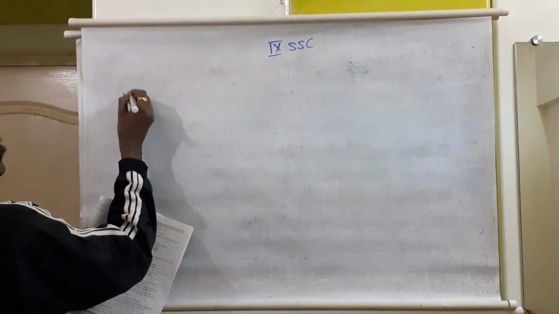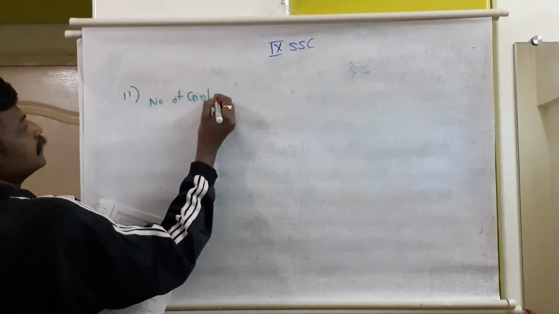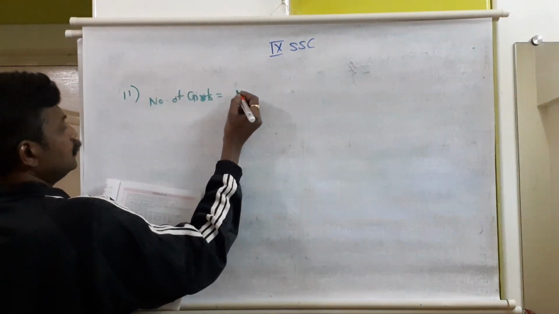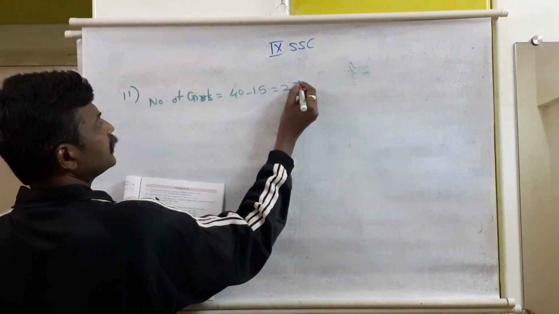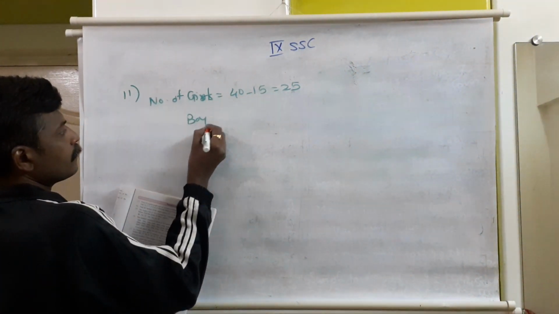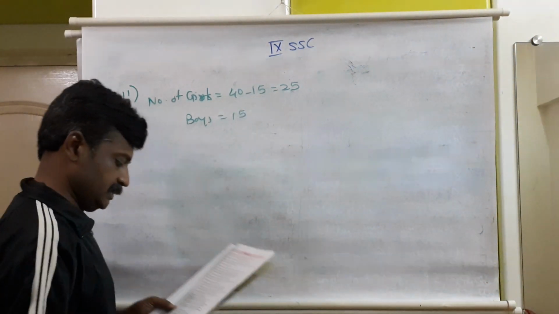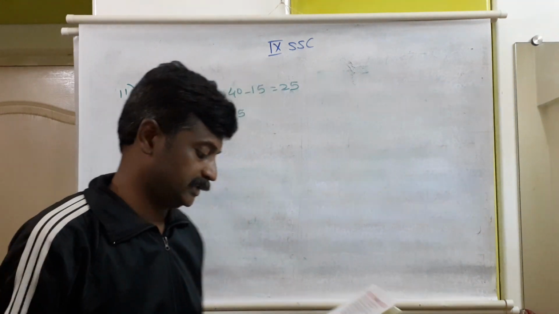Sum number 11, number of girls is equal to total number of students 40 minus boys 15, remaining are girls. So girls are 25, boys are 15. The mean marks obtained by boys is 33.